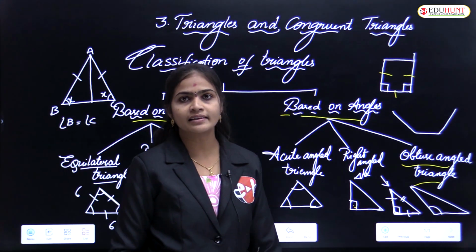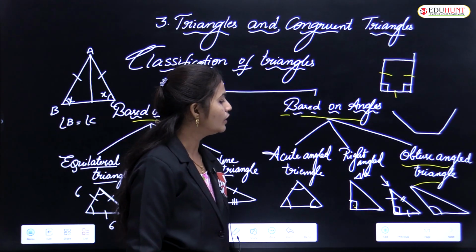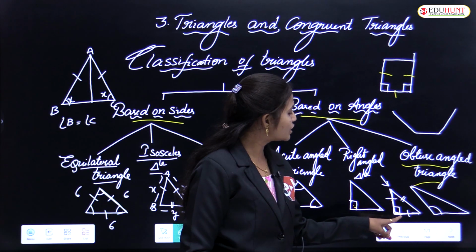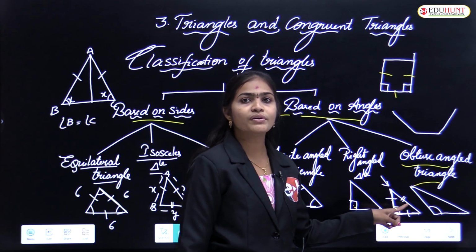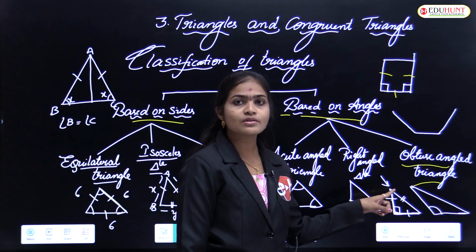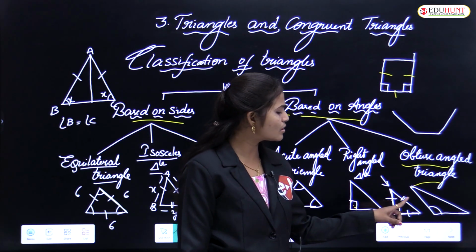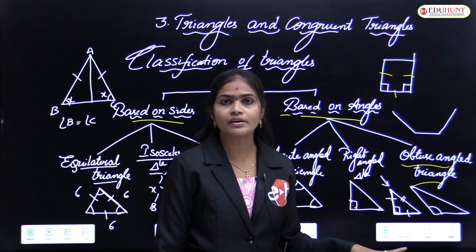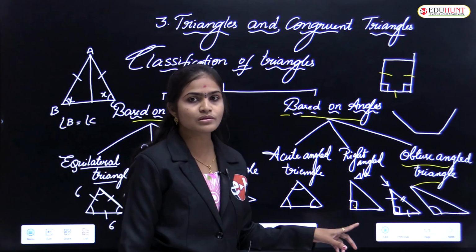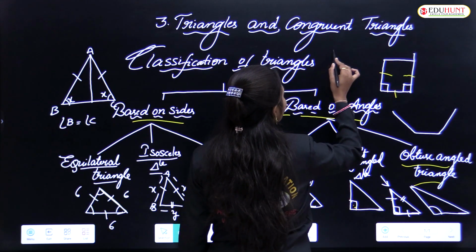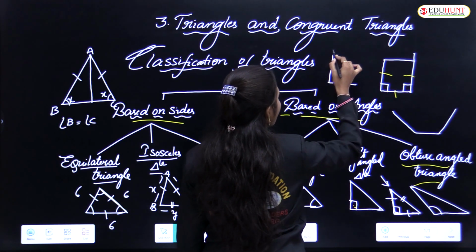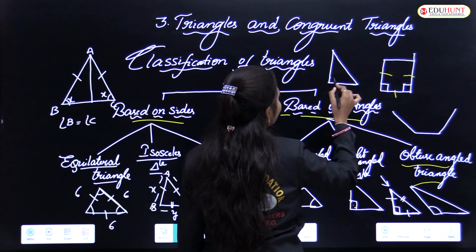And the hypotenuse is the other side, with a different measurement. So a triangle which has one right angle as well as two equal sides, we will call a right angled isosceles triangle.